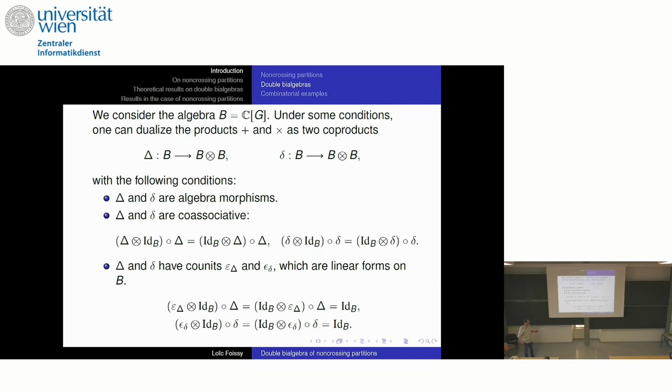So this is just an element of B. What does it mean? That you cut it into two parts, you kill the left part with the counit, and you obtain the element. You can do this on the left or on the right. So you have a counit for big delta and a counit for small delta. So this just reflects that addition and multiplication are associative and with a unit.